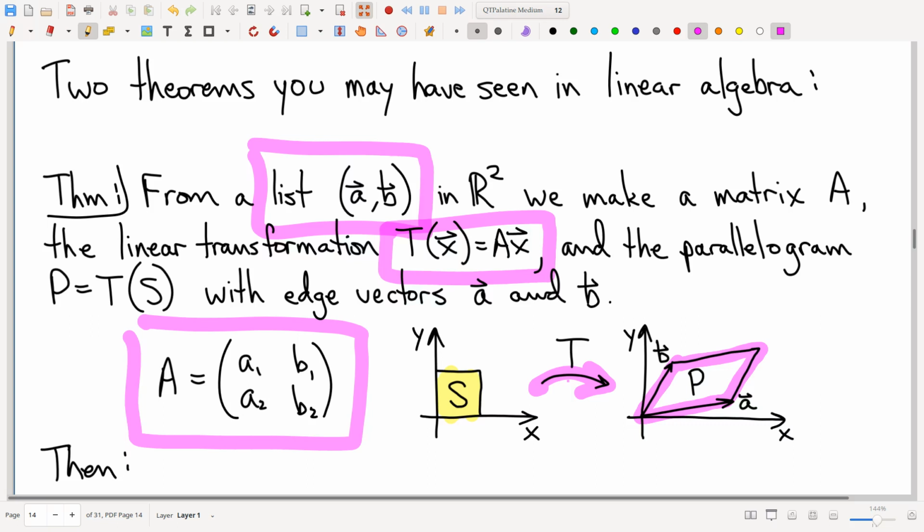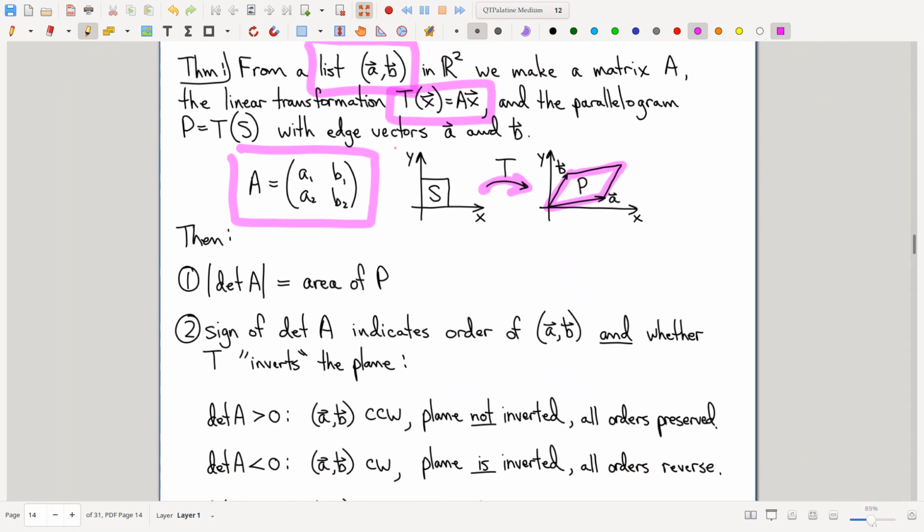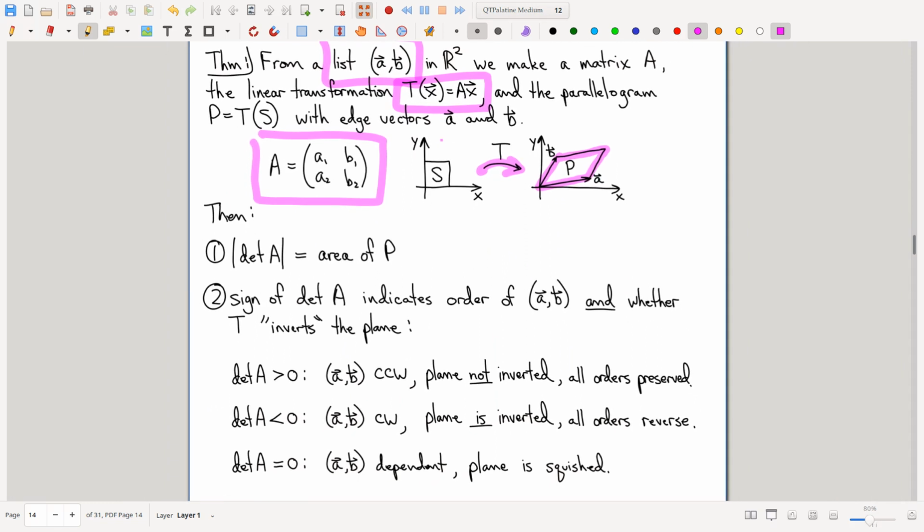All right, so again, here we go. These are the four objects that we're going to discuss in this theorem. It all originates just from a list. We have a matrix, we have a transformation, we have a parallelogram. So here is the result. Some really cool, really shockingly, unexpectedly convenient results. The determinant of that matrix tells you loads of information.